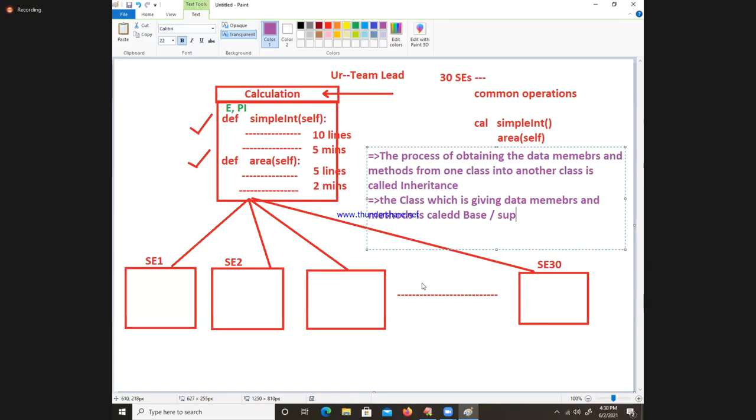I don't write, and don't say, parent class, because it is a loosely termed word. The class which is giving data members and methods to another class is called what? Base or superclass.